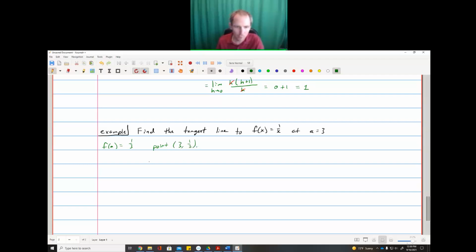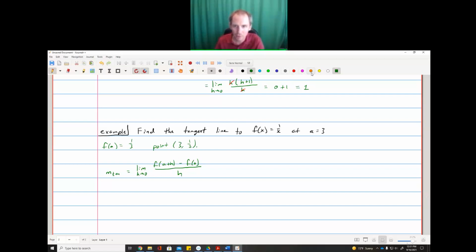So now we need a slope. The slope of the tangent line. I'm just going to use one formulation here. I'm just going to use the limit as h goes to 0 of f of a plus h minus f of a all over h. Now, with all of these problems, I like to compute f of a plus h separately because there's a bunch of work there and I don't want to have to rewrite the limit and all this other stuff, this big fraction.